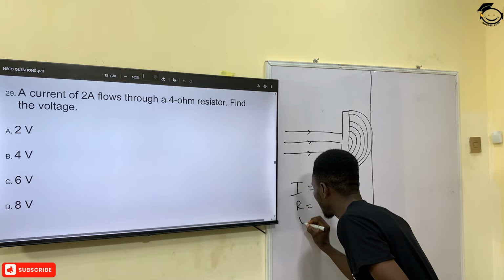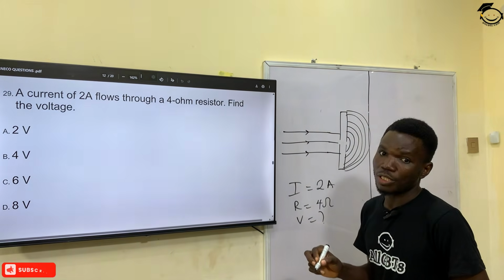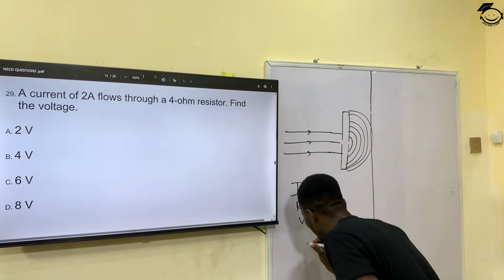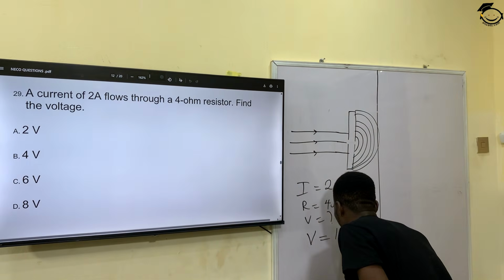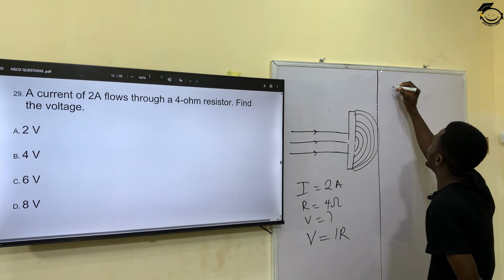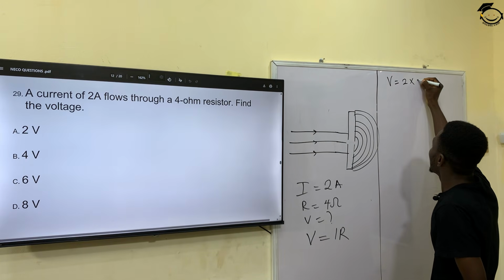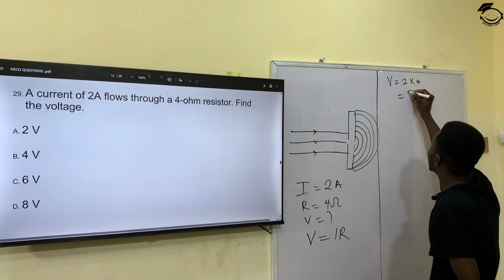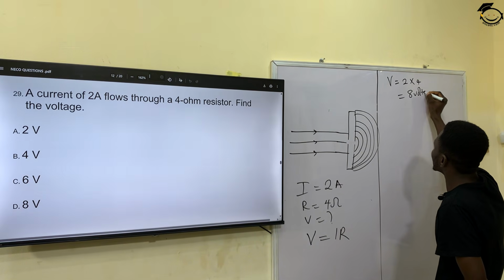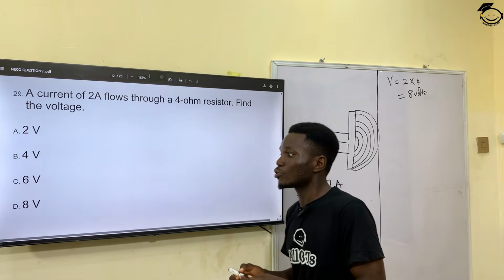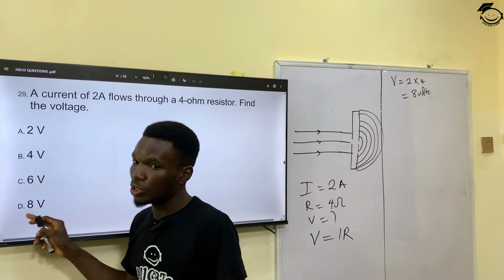We are asked to find the voltage. So this question is based on Ohm's law. And from Ohm's law, we know that V is equal to IR. This means that the voltage V is equal to my current, which is 2, times the resistance, which is 4, and that will give me 8 volts. So the correct answer to this question is 8 volts, which is what?